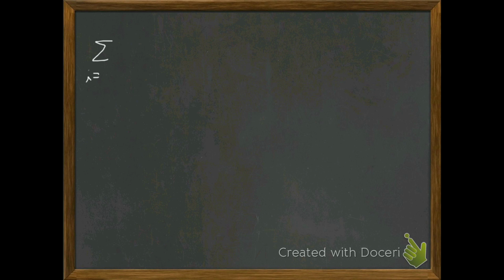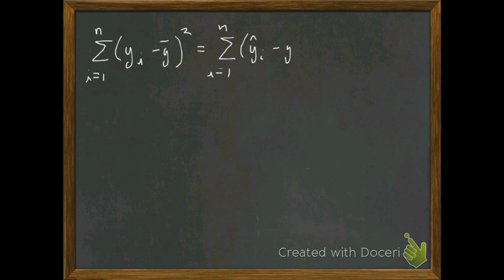Let's just prove that the sum from i equals 1 to n of, hope I can get this all written, is truly the right-hand side.